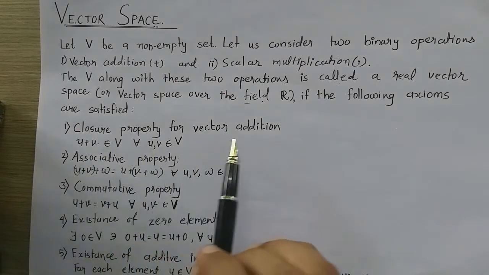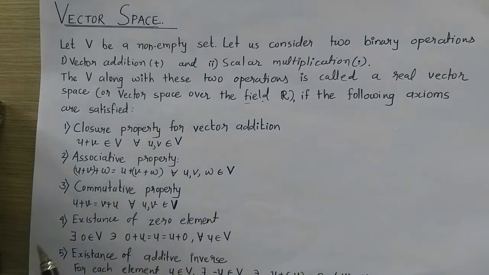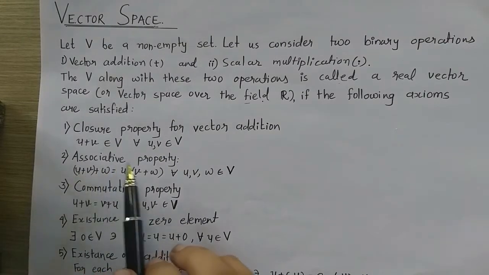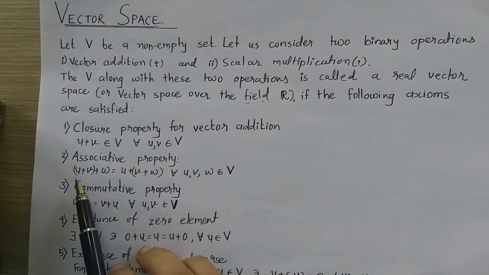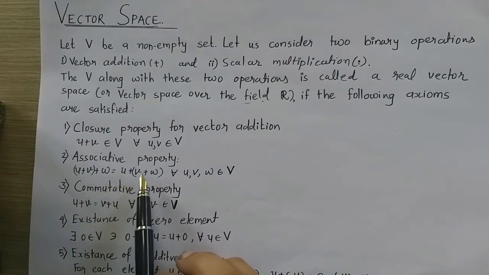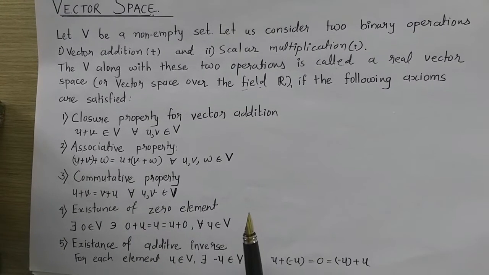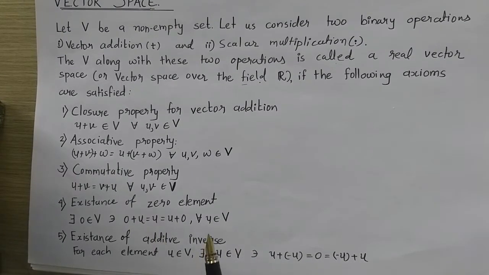That means u plus v belongs to V for all u, v belongs to V. Second is associative property: (u plus v) plus w is equal to u plus (v plus w). Third is commutative property. That means u plus v is equal to v plus u for all u, v belongs to V. Fourth is existence of zero element.